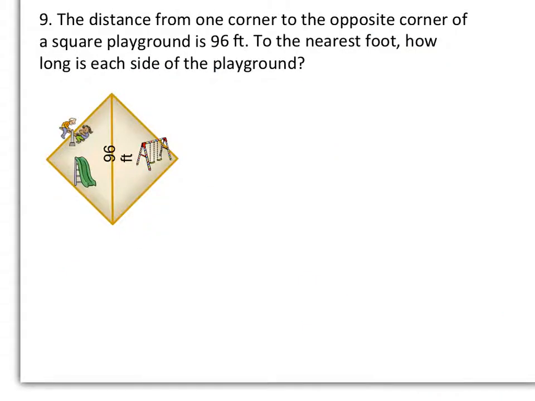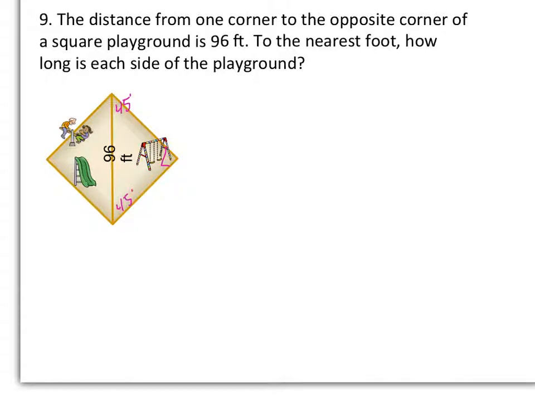Number 9 says the distance from one corner to the opposite corner of a square playground is 96 feet. To the nearest foot, how long is each side of the playground? So if it's a square, we know we have a 90-degree angle by the swing set. Then that makes each of our other angles 45 degrees because we're dividing our 90 degrees in half.